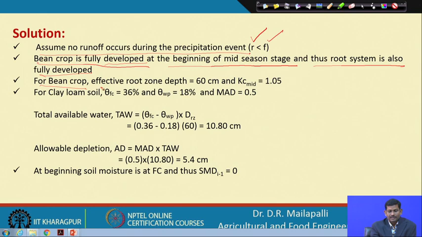For the bean crop, effective root zone depth is 60 centimeter and Kc mid is 1.05, if you recall the table in the previous lectures. These are the literature data. For clay loam soil, theta FC is 36%, wilting point is 18% and MAD is 0.5, that is 50% depletion.